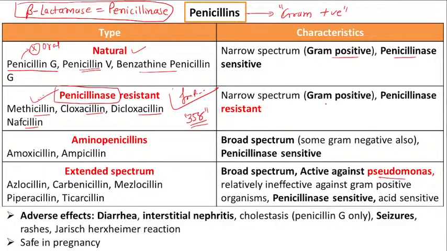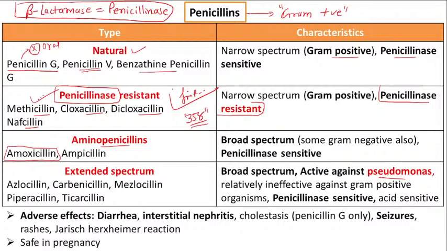Okay, what is the limitation here? The specific advantage is that these are penicillinase resistant drugs, and because of that you do not need to add a beta lactamase inhibitor. See, among the aminopenicillins, amoxicillin is the first choice antimicrobial agent that we give a person for an infection.